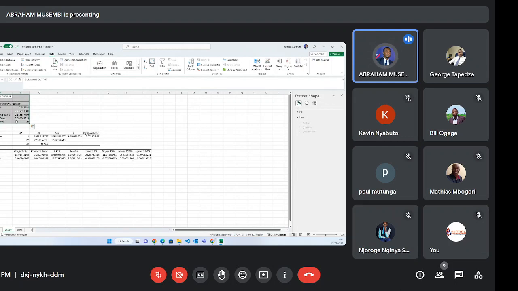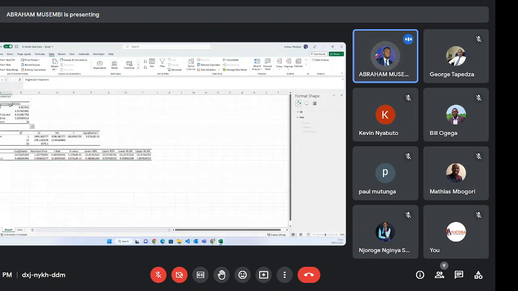For today, I will cover the summary output. Then tomorrow, I will explain more of the ANOVA part, and then continue with the regression statistics part.